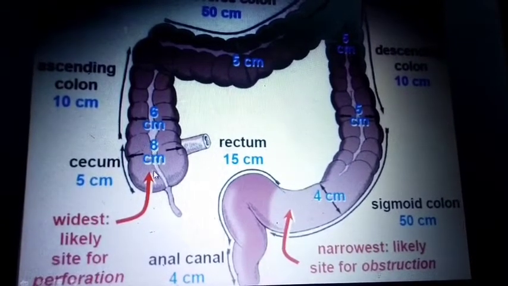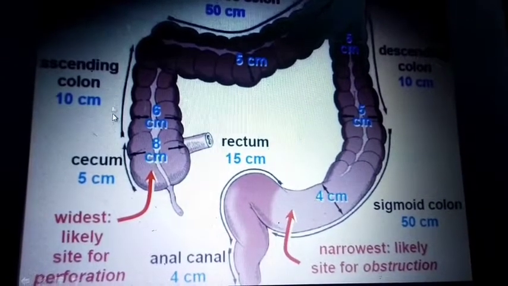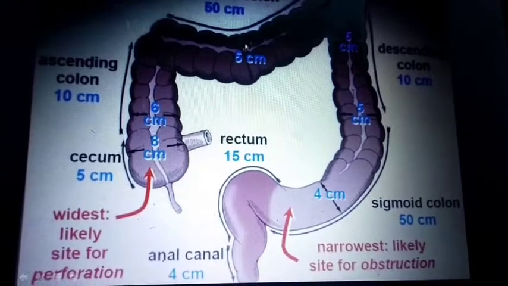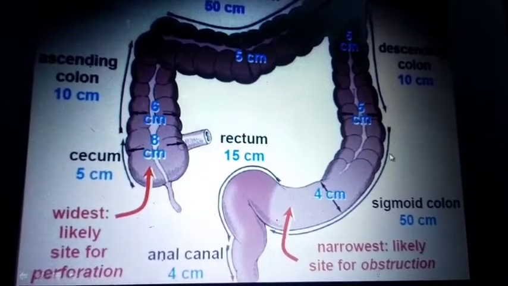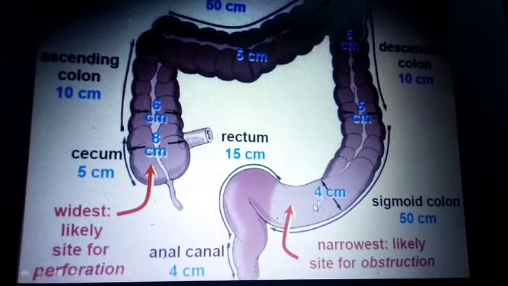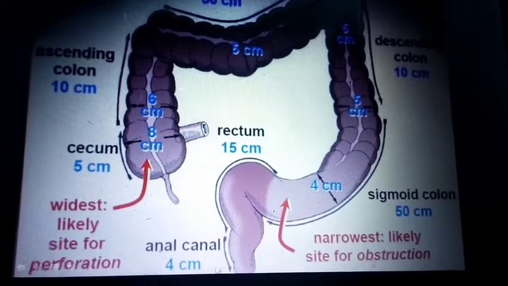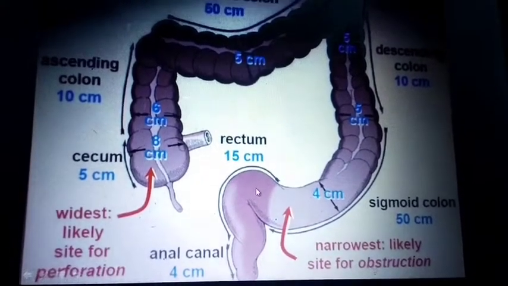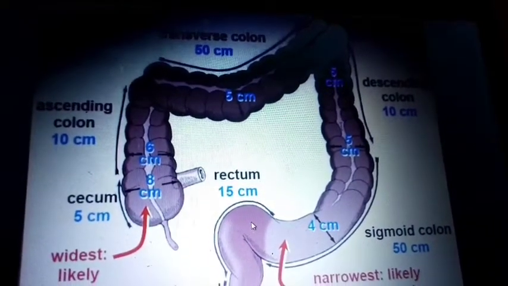And the length: cecum is 5 centimeters, ascending colon 10 centimeters, transverse colon 50 centimeters, descending colon 10 centimeters, sigmoid colon 50 centimeters, anal canal 4 centimeters, and rectum 15 centimeters.